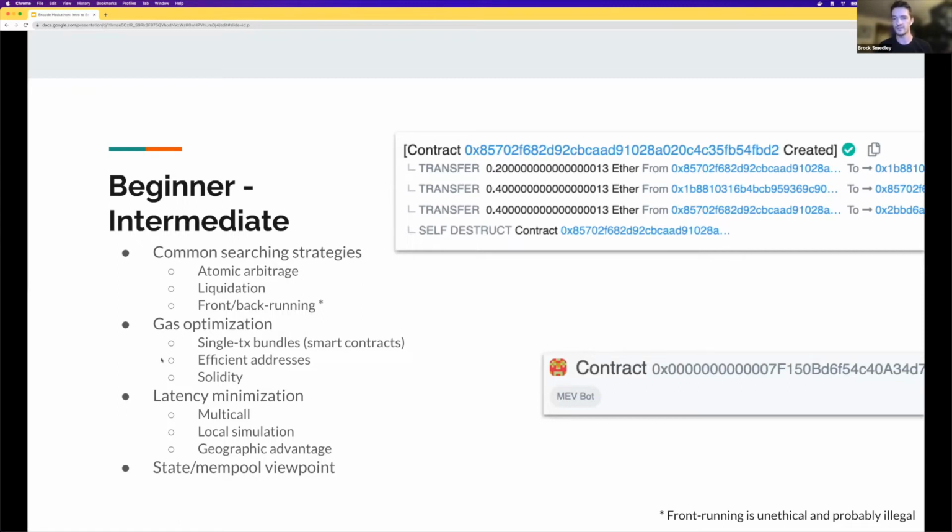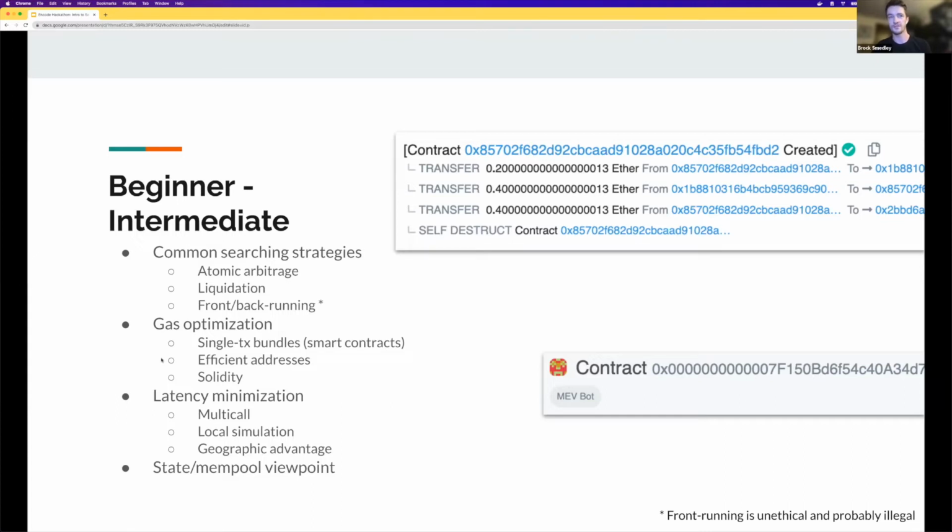In this case, somebody sees a transaction in the mempool that causes a price impact on a certain exchange. Then they'll put a transaction in front of that transaction to increase the net price impact, and then they'll put a transaction right afterwards to liquidate those assets and take a profit.